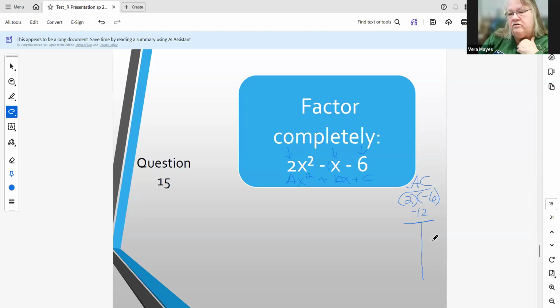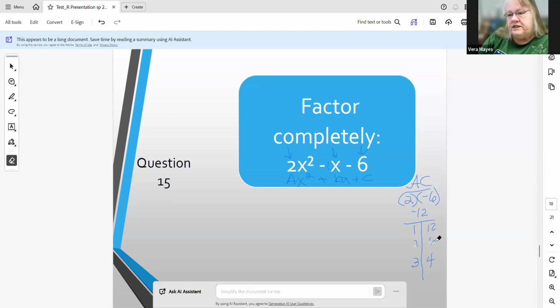So we're going to make a quick little chart. Factors of 12: 1 and 12, 2 and 6, 3 and 4. Now it needs to be a negative 12. So one of these needs to be positive, one needs to be negative. So what I'm going to do is go back and change it so I have those pieces.